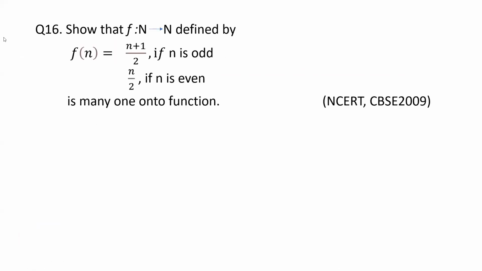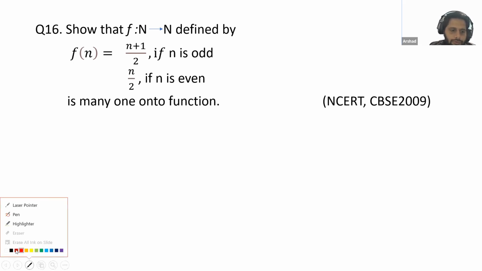Okay, so this question we were doing in the last class. Okay, now please check here. We need to prove that this function is many one onto. Okay, so we need to prove that this is not 1 1. So we will just give an example.